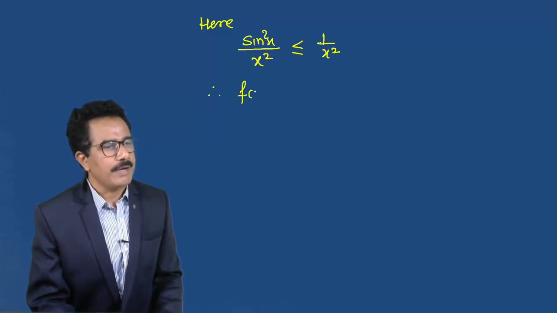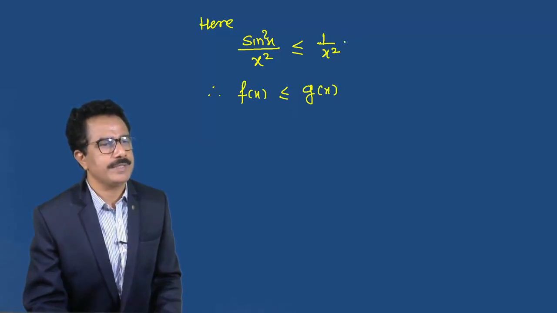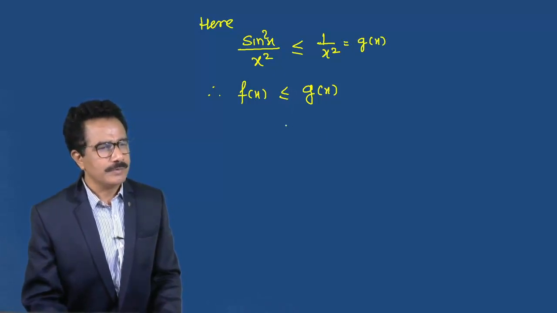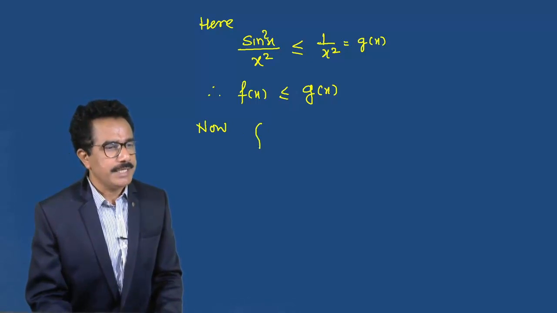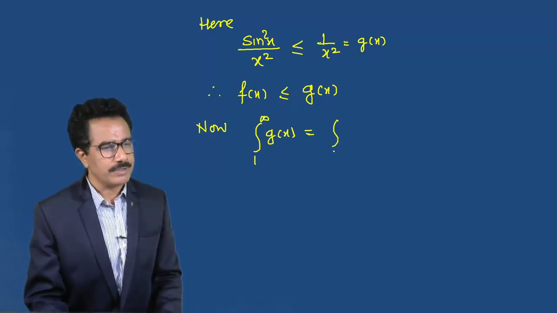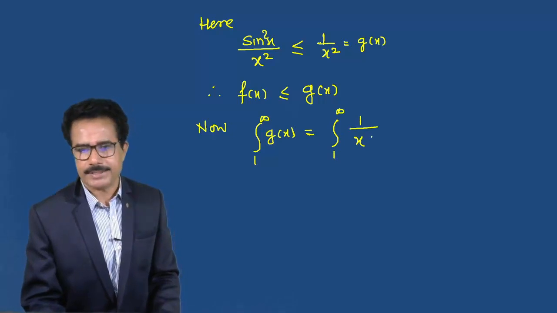So f of x is less than or equals to g of x, which we have considered. So we can now write integral from 1 to infinity g of x, which is equals to integral 1 to infinity 1 upon x square dx.